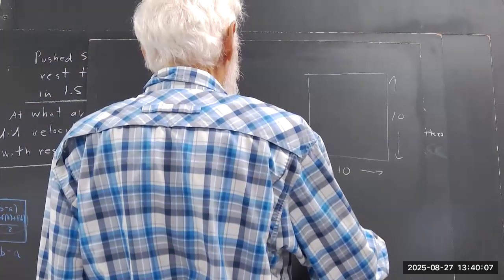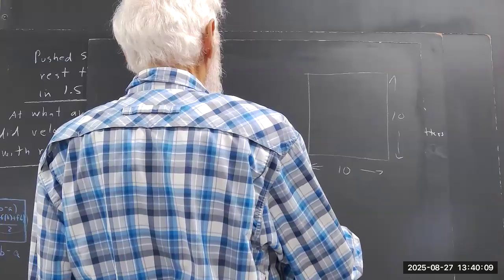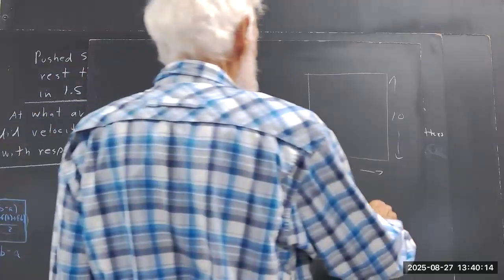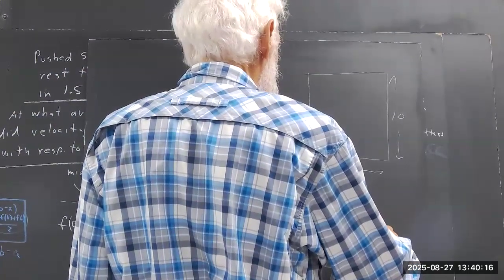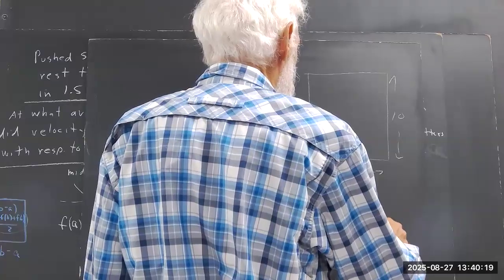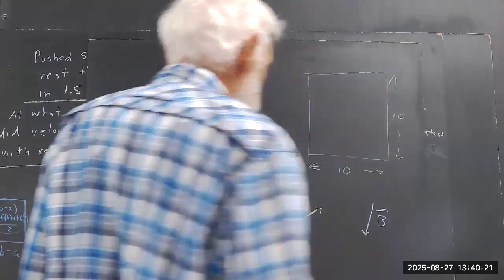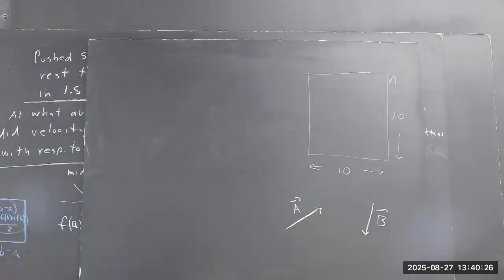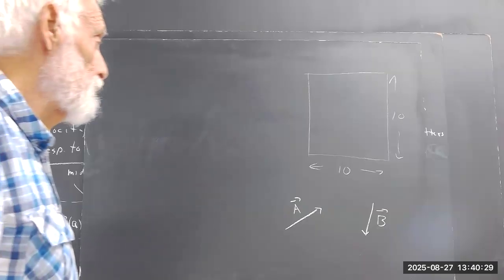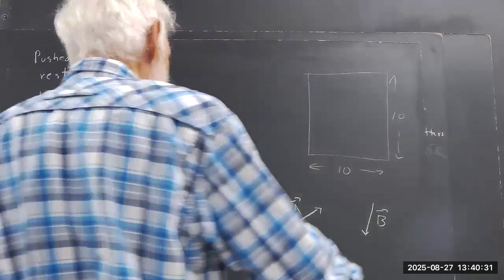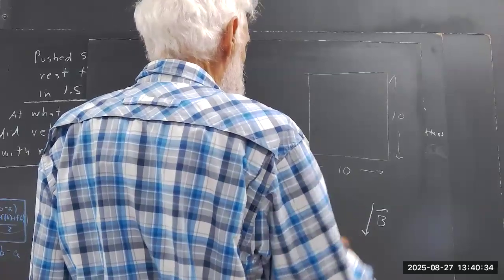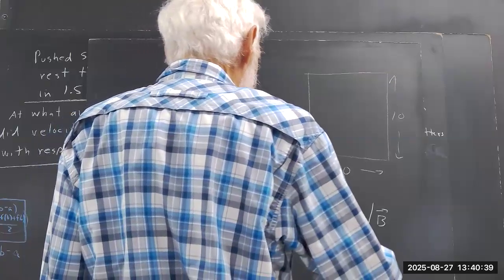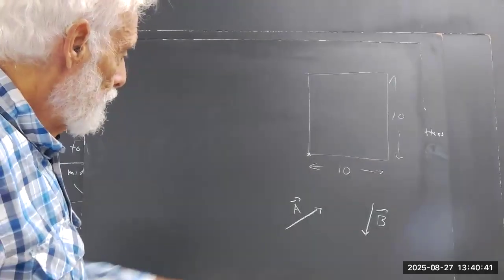Now, here's an arrow representing vector A. And here's an arrow representing vector B. Can you draw me a sketch of the sum of these two arrows, starting at your lower left as the initial point of A?